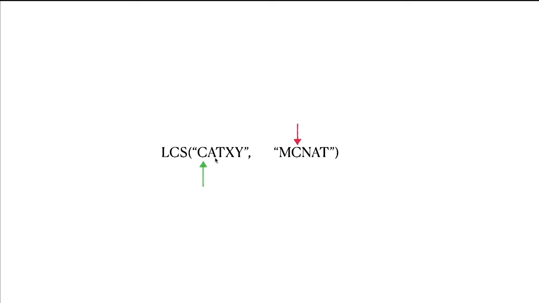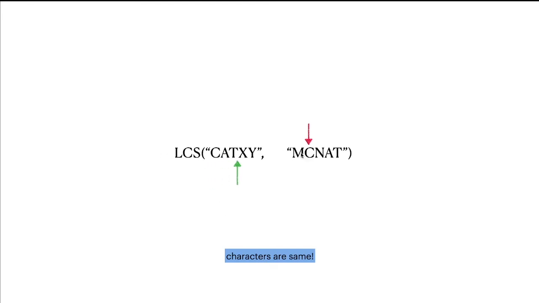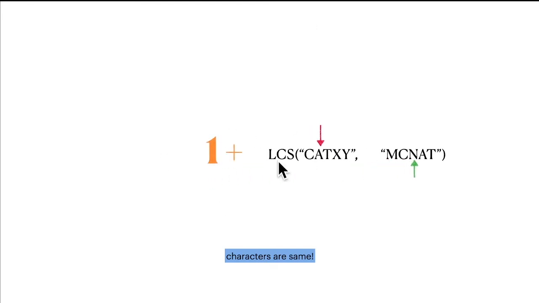And what we can essentially do here is just move both the pointers ahead and add one to our answer, because the characters are common. So essentially, since the characters are the same, what I do is I move both the pointers ahead and then I add one. I just add one.